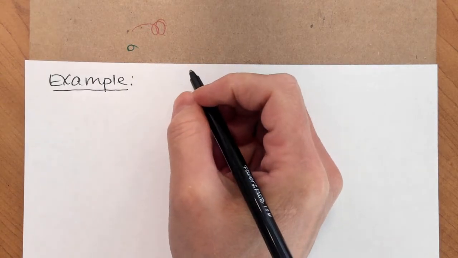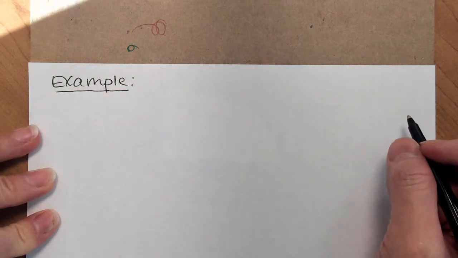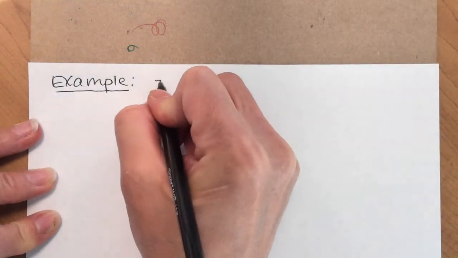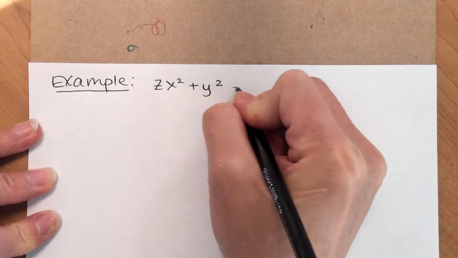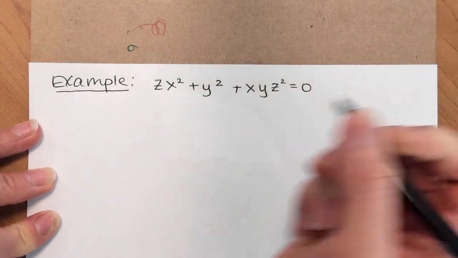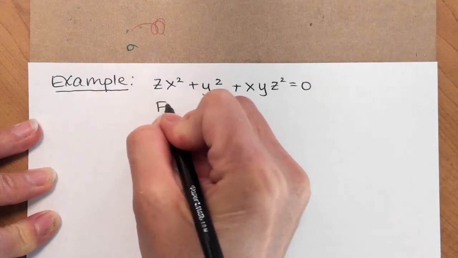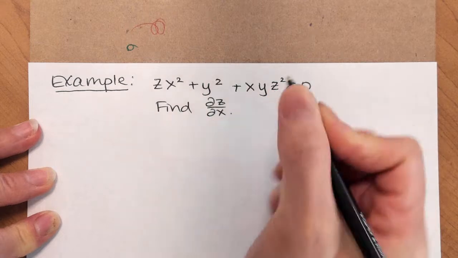So we are going to suppose that z is the implicitly defined function given by the equation z x squared plus y squared plus xyz squared equals 0. And we are going to find partial z partial x.